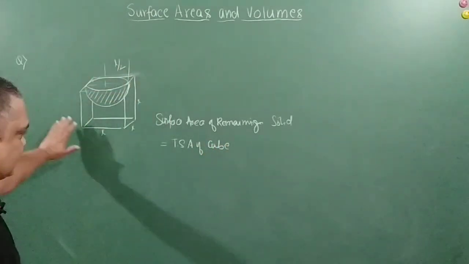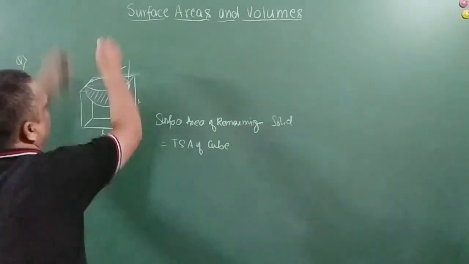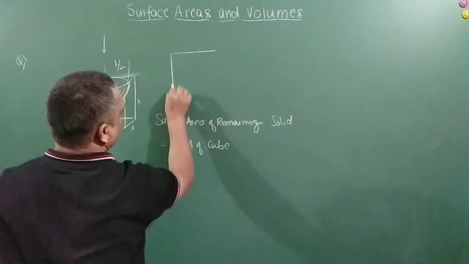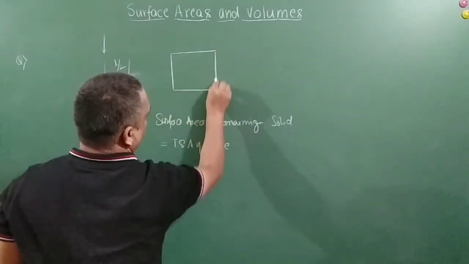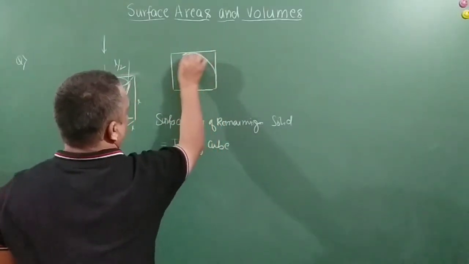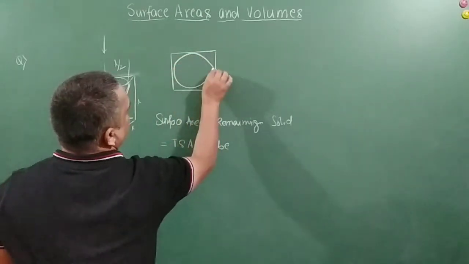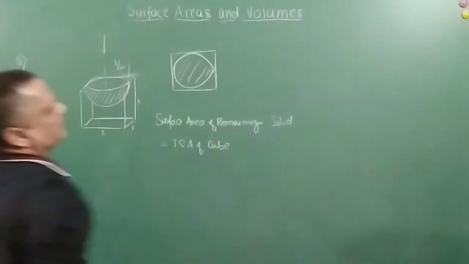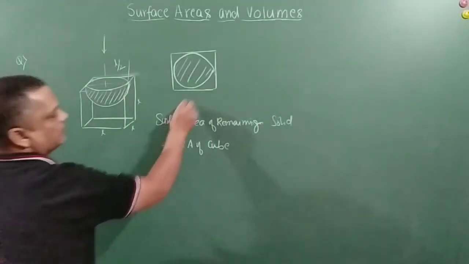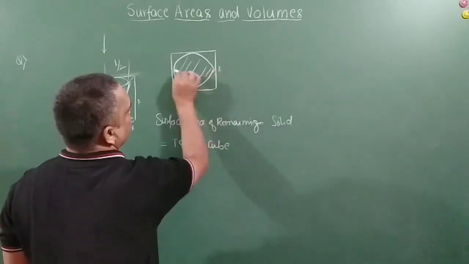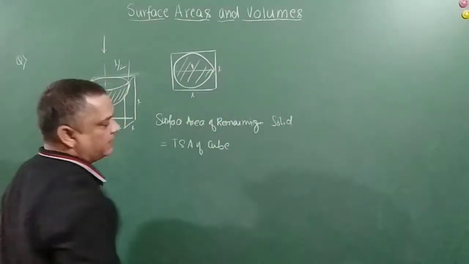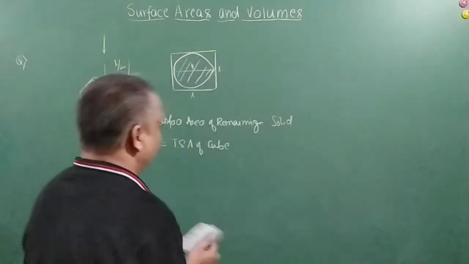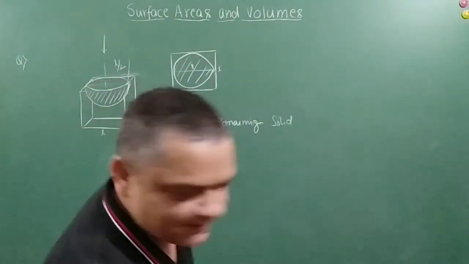I have found the total surface area. Again, friends, I am drawing the top view separately here for your understanding. In this case also, top view is something like this one. It has been cut. Okay. So this is L, and this dia is L. Right? Okay. So let me try to draw it neatly, but it's okay.